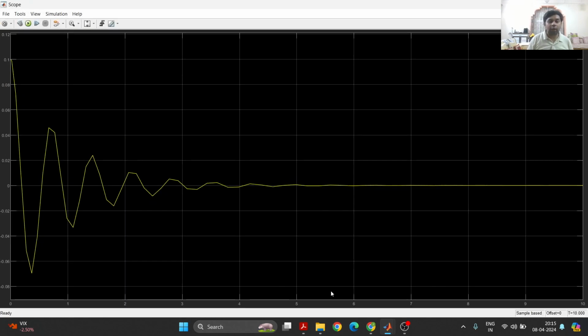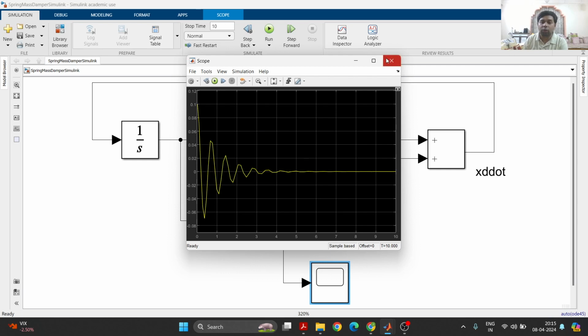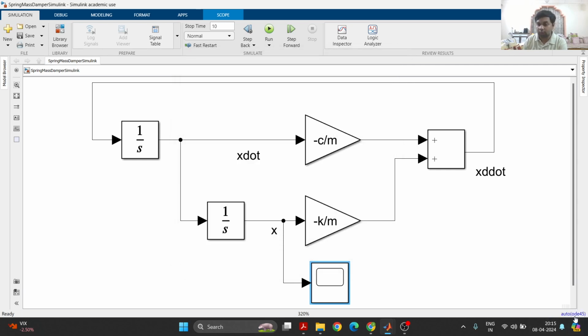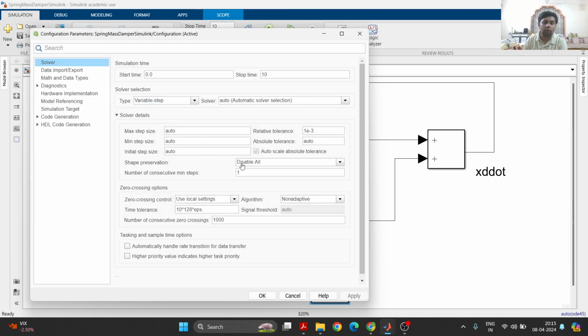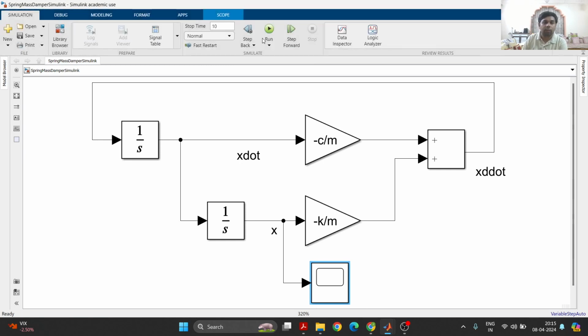So we can have a look at the output. This is how the output looks like. We can see that the curve is not smooth. So we may need to reduce the step size further. Now what we can do is say 0.01 as the max step size, and then try to rerun.